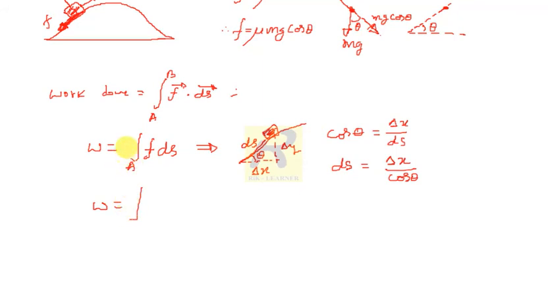So this is the integration along the path AB. What is F? F is already written as mu mg cos theta. And now it is a simple multiplication with ds. So ds is, at the limit, dx divided by cos theta.